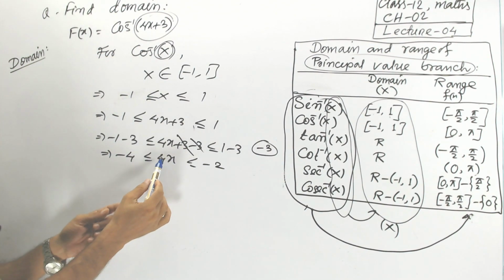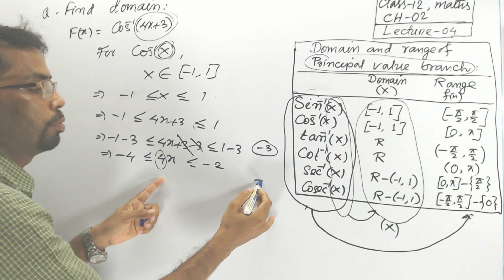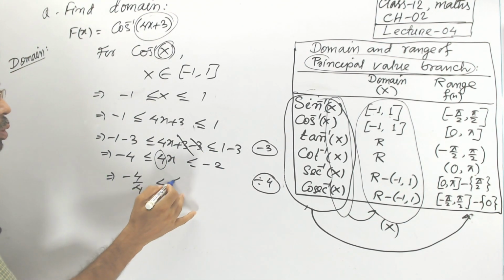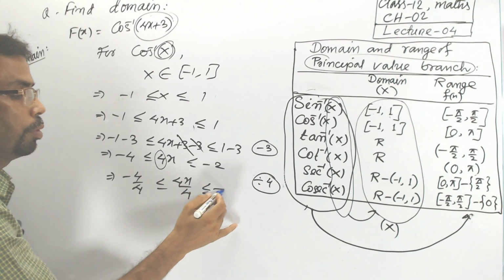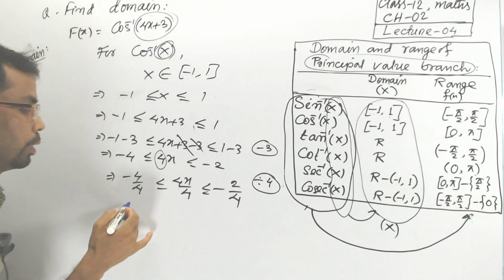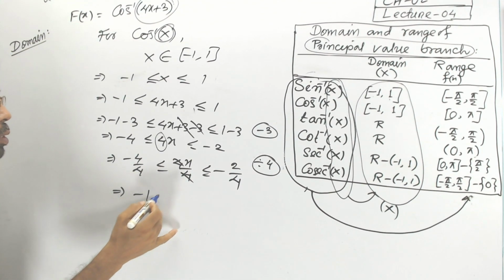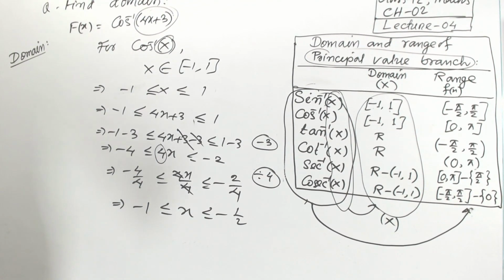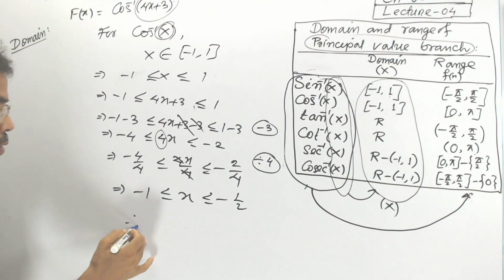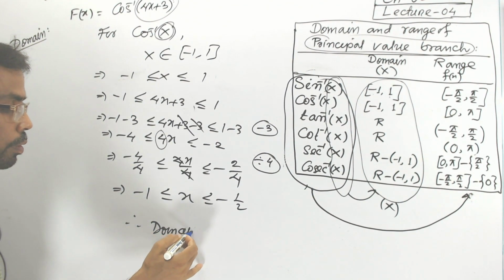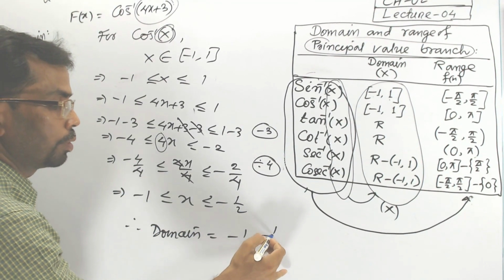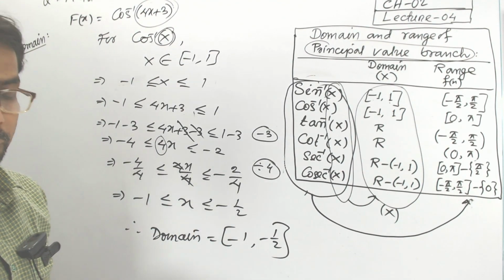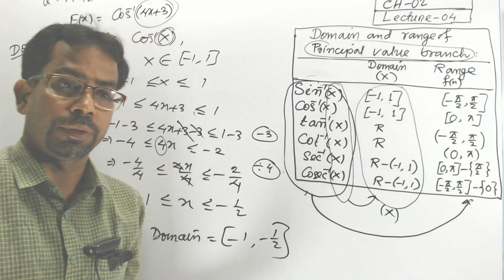Then second step, I must remove this 4, and to remove this 4 we have to divide each term by 4. So each term is divided by 4. Then this is getting cancelled, minus 1 less than or equal to x, and you see, we got the domain. So therefore the domain is minus 1 by 2 to 1 by 2, closed interval, because the equal sign is there. So this is the complete solution.